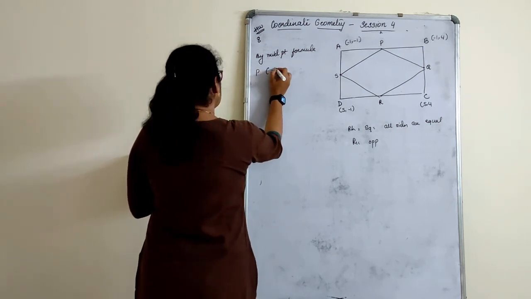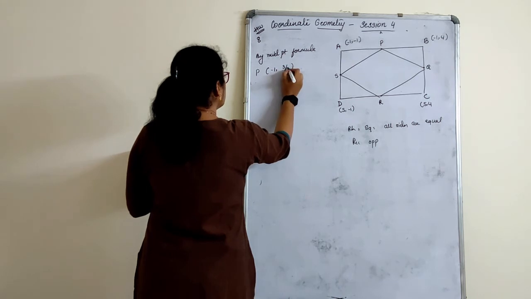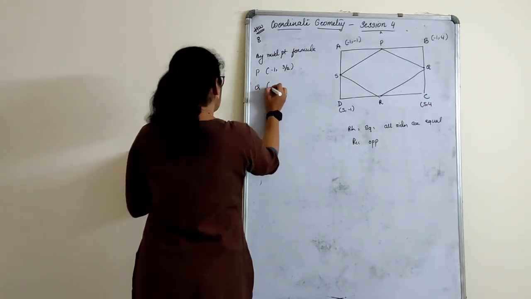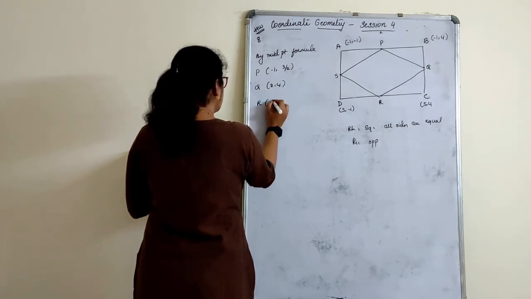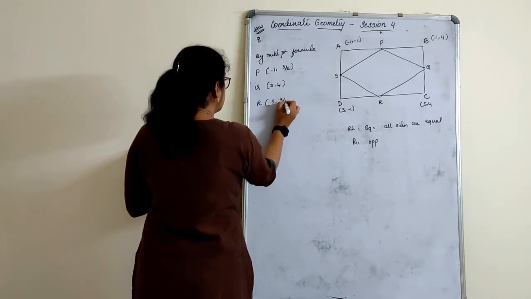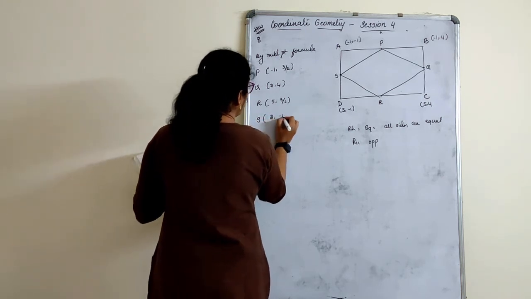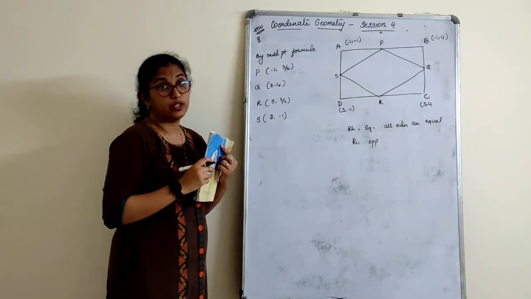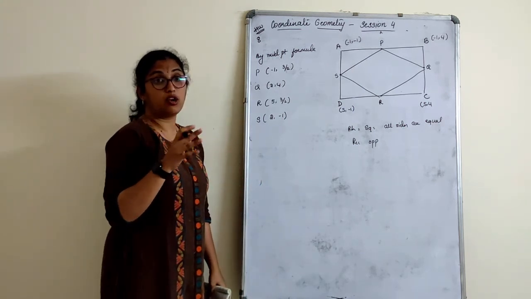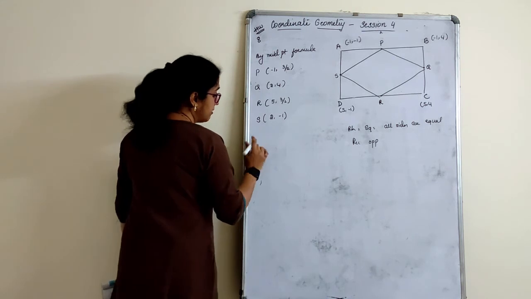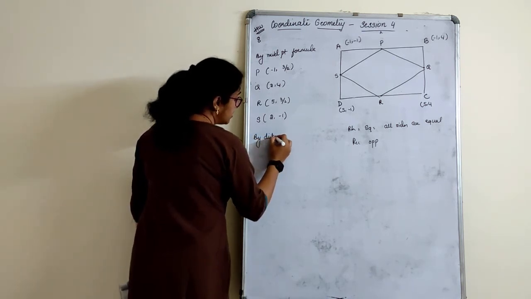I'll give you that. P is (-1, 3/2), Q is (2, 4), R is (5, 3/2) and S is (2, -1). We got the coordinates. Now find whether it is a square, rhombus or a rectangle. That means by the distance formula.